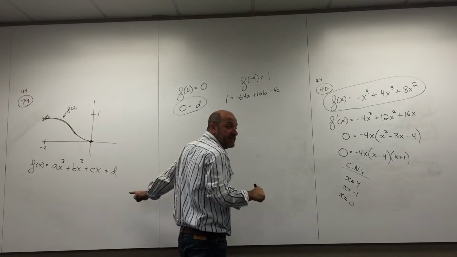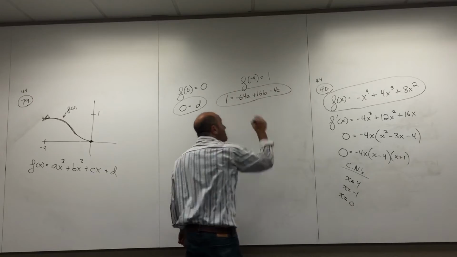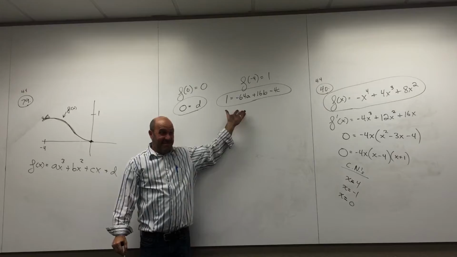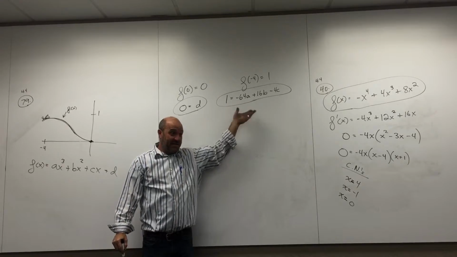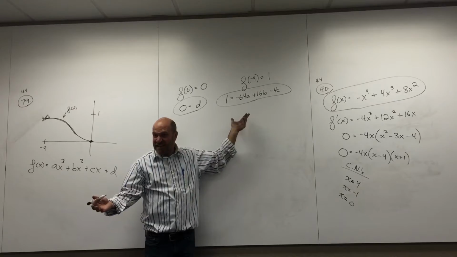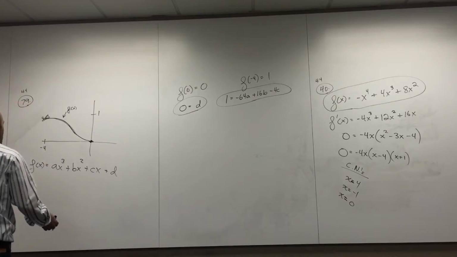I already know d is 0, so I'm not going to put d in there. That's cool, but I can't find a, b, c. When I have one equation and 3 unknowns, I'm kind of stuck. I need some more information. Can you see any other cool information?